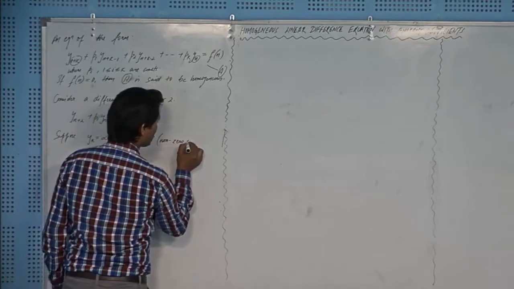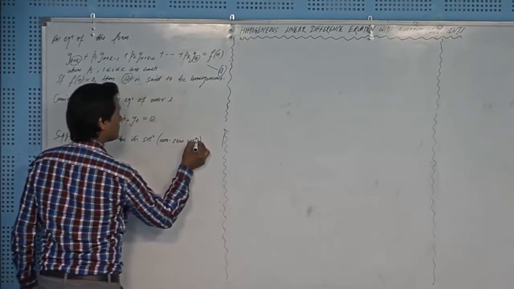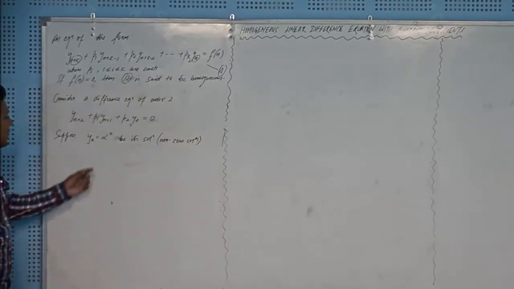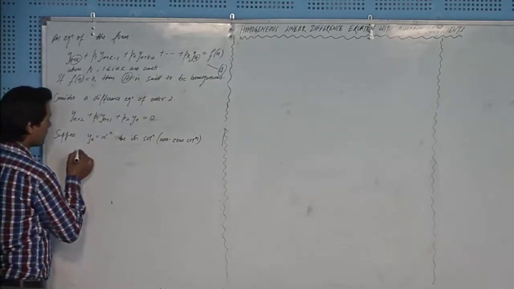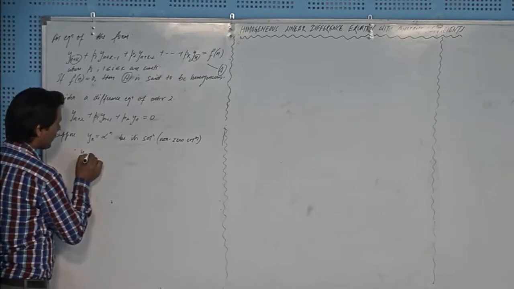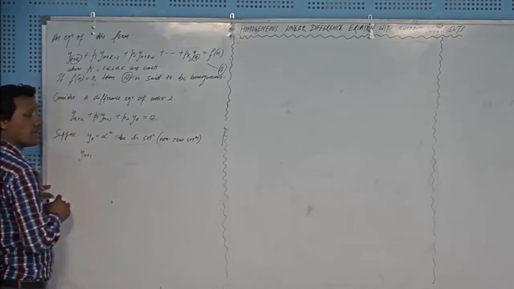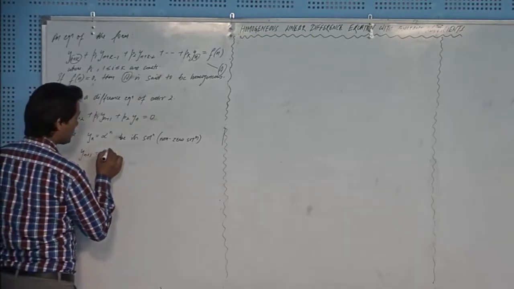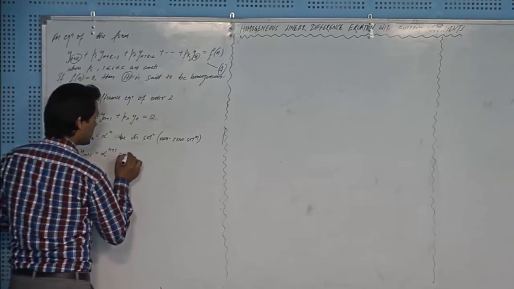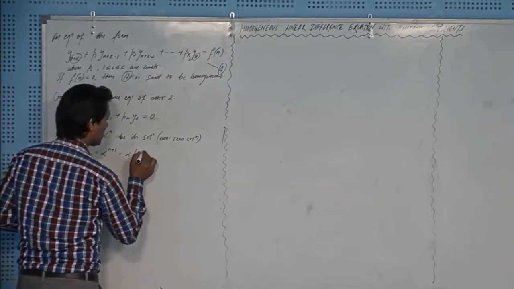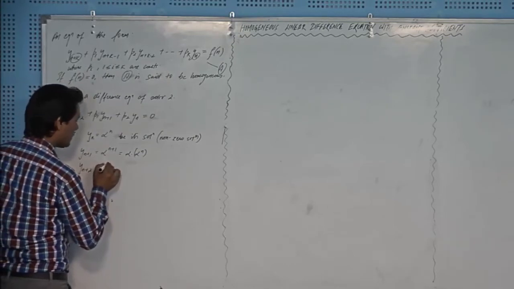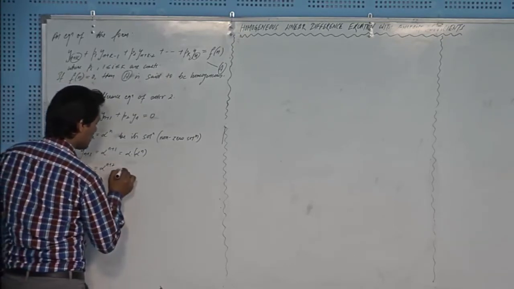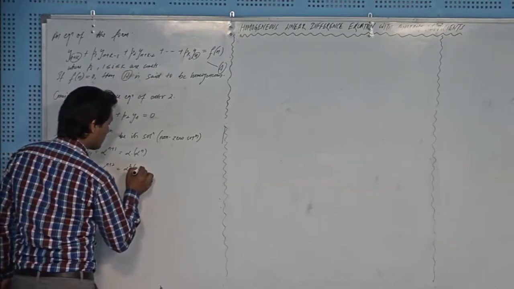And one more reason why I have taken this particular form is that if I write y(n+1), then it will become alpha to the power n+1, or you can write it as alpha times alpha to the power n, right? Or if you write y(n+2), then you get alpha to the power n+2 equal to alpha square times alpha to the power n.